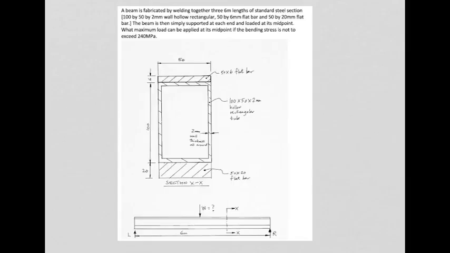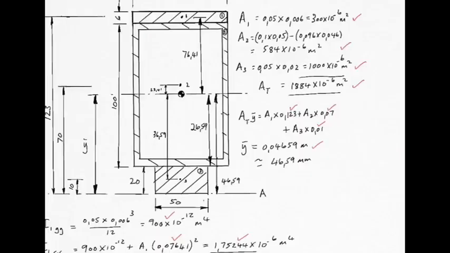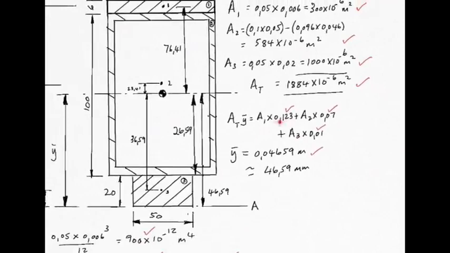Just go and have a look at the dimensions. 20 plus 100 is 120, plus another 6 is 126. But remember, that's taking you right to the top. Subtract 3 millimeters to get to the centroid, which would leave you with 123 millimeters. There it is there.